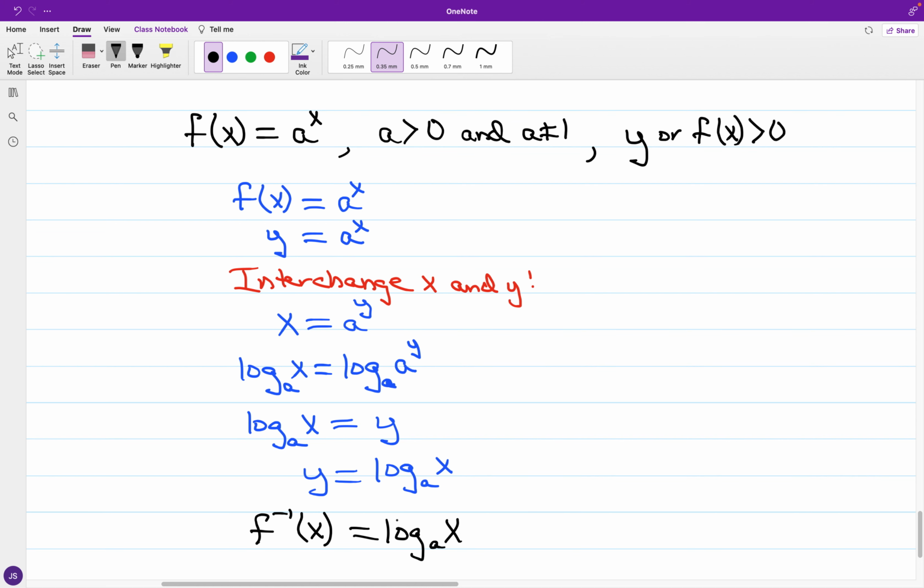And again, by definition, a logarithmic function is going to be the inverse of an exponential function. And again, an inverse has an interchanging of x and y values.